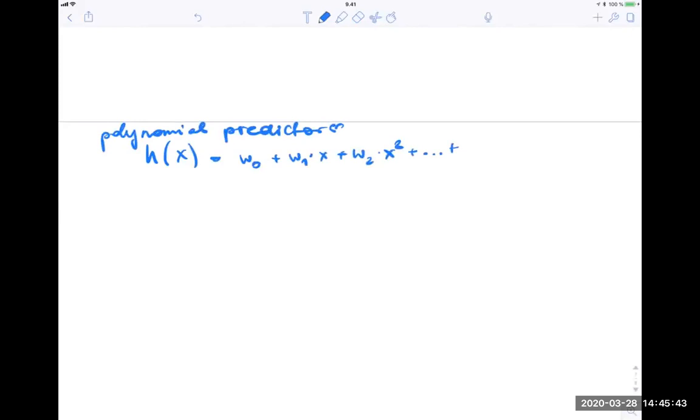So let's say up to a maximum degree n. So the coefficients of the polynomial are the weights.